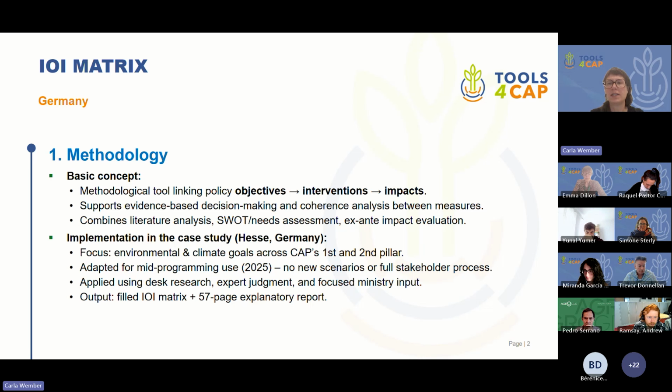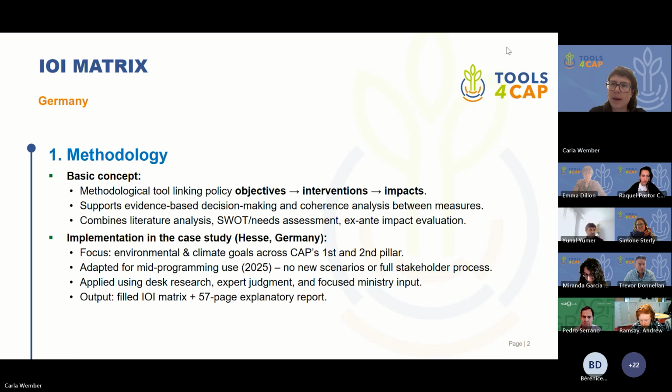So it basically creates an overview for a specific context on how interventions and impacts are linked and how that contributes to larger objectives. It's a method that can be used to visualize, and I'm going to show that in a couple of slides, how the different interventions used in a specific context, be it regional or national, contribute to the set objectives through the impacts.